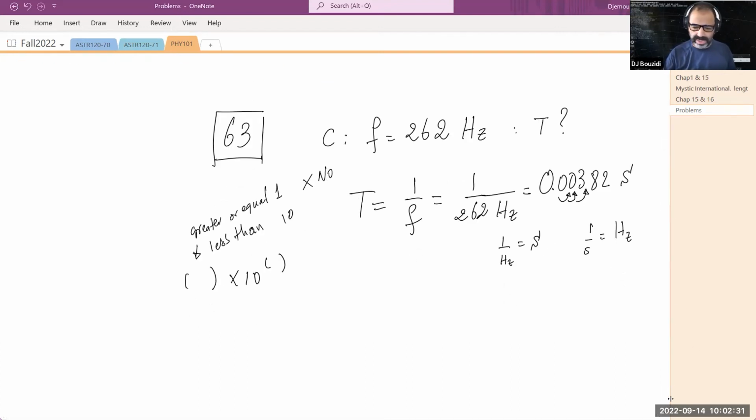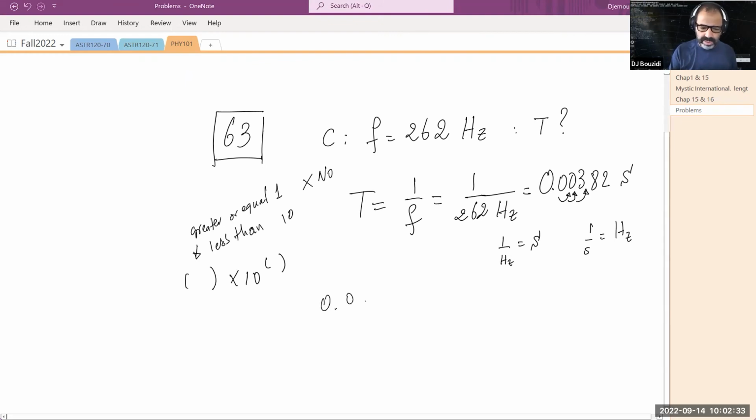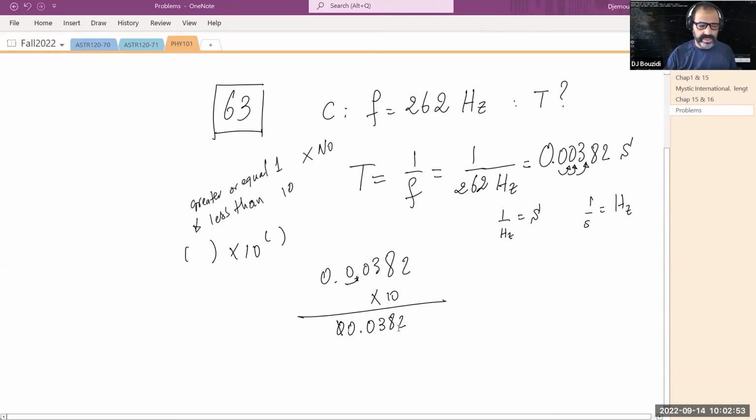To see what happens, if I have 0.00382 and multiply it by 10, all I have to do is just move the decimal point, and the answer will be, because the 0 doesn't make any sense now to retain. So this is then the result of that product. This 0 now doesn't mean anything. It's just the leading 0 before the decimal point.